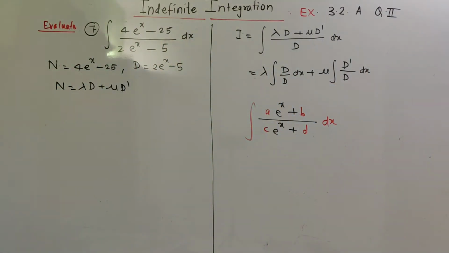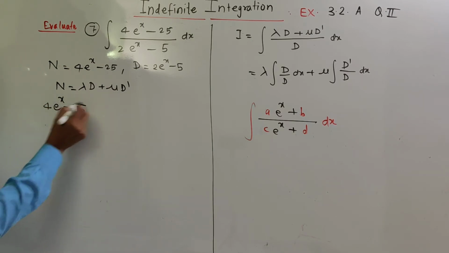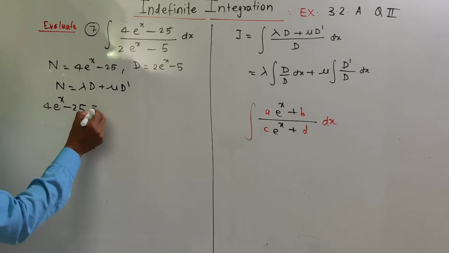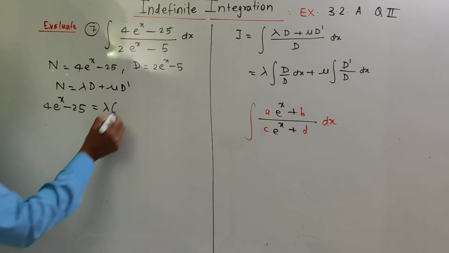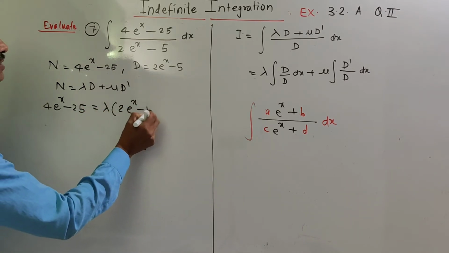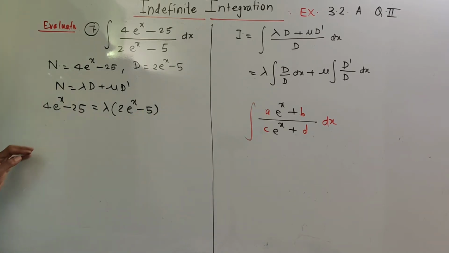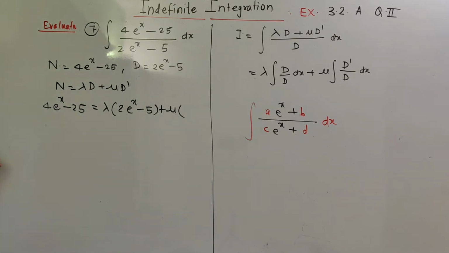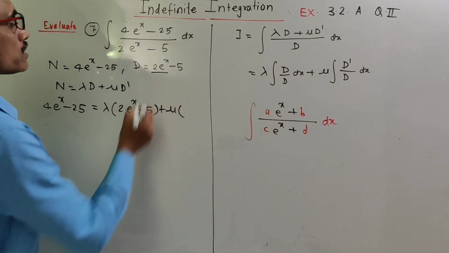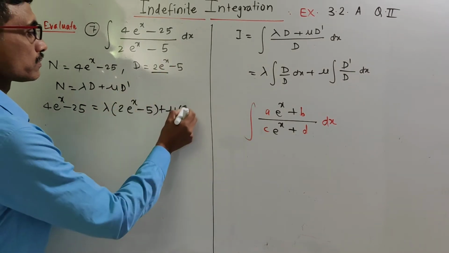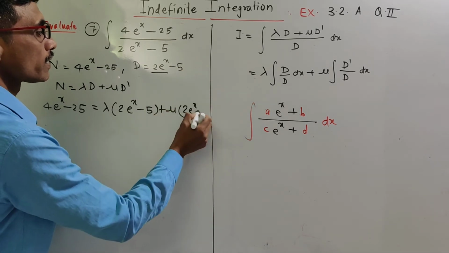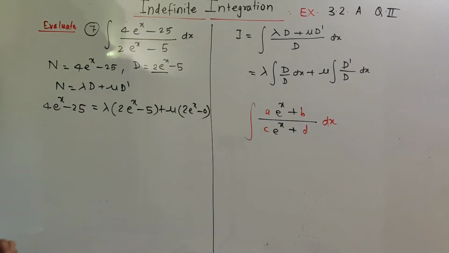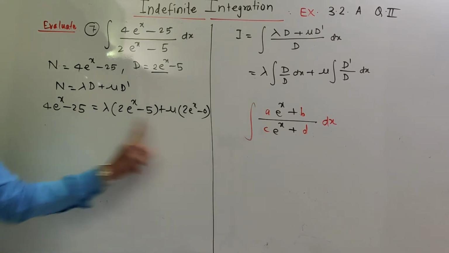So we equate them. 4 e raised to power x minus 25 is our numerator, that is equal to lambda into d. Denominator 2 e raised to power x minus 5 is the denominator, plus mu into the derivative of the denominator. Derivative of this is 2 e raised to power x, and the constant is 0. So we can compare the coefficient of e raised to power x and the constant term.